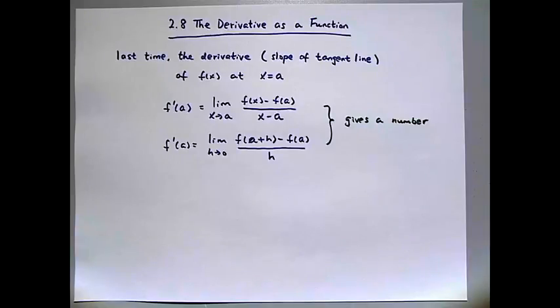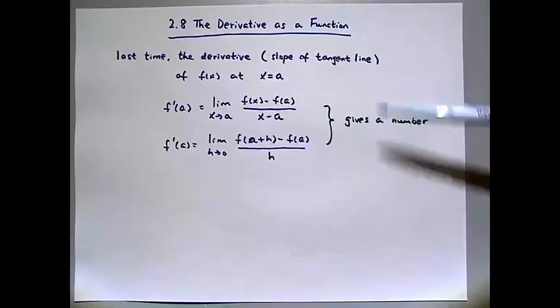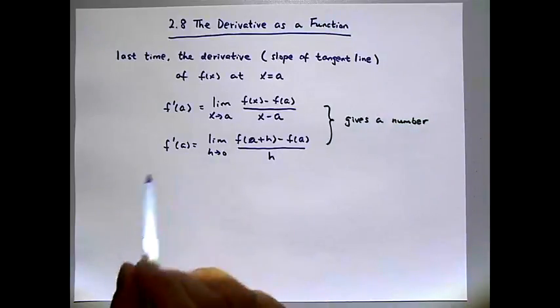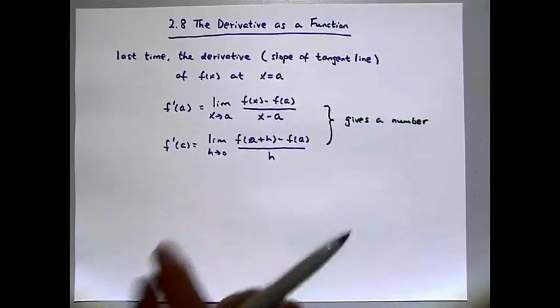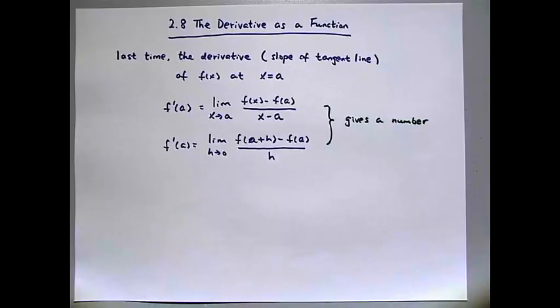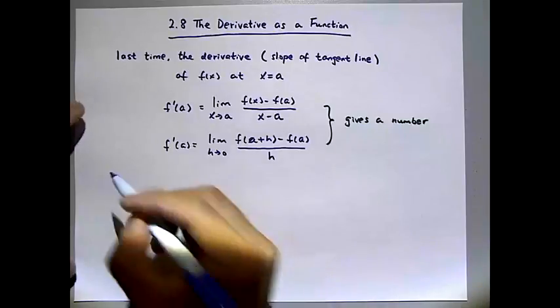So if I want to find the derivative of a function at a different a, I have to use a different a each time. Now, the idea today is, instead of looking at it that way, getting one point at a time, why don't we relax the requirement of saying at a specific a and just say at any given x that we want to look at?